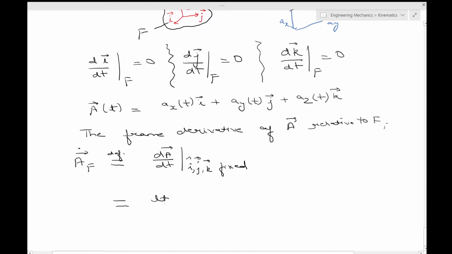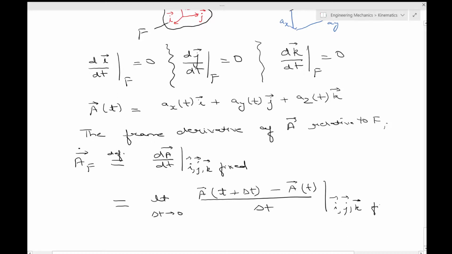So you will have the limit as delta t tends to 0 of A of t plus delta t minus A of t, divided by delta t, with i, j, k fixed.